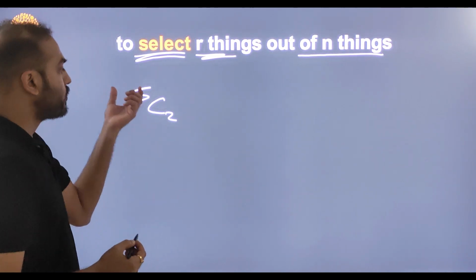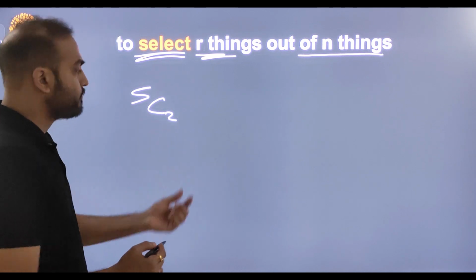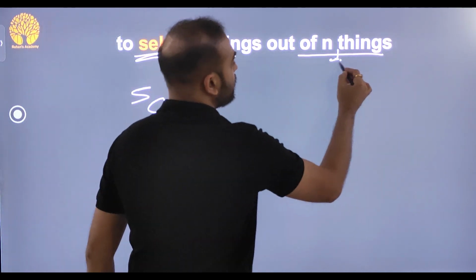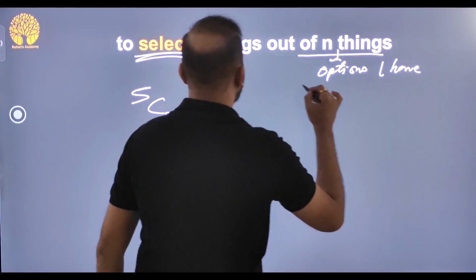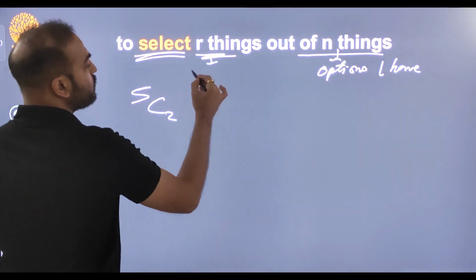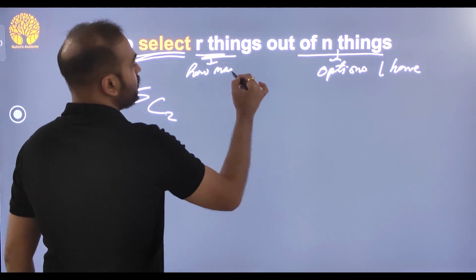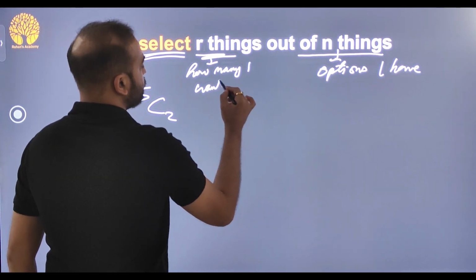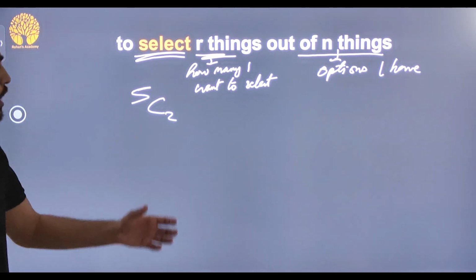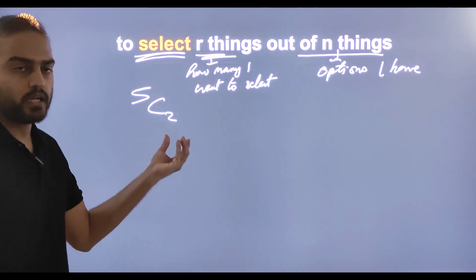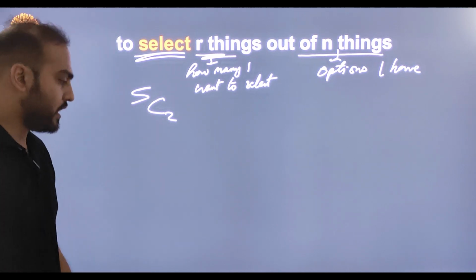So from 5 I wanted 2. So this N is basically the options that I have. R is how many I want to select. So out of N we are selecting R, and this is NCR.